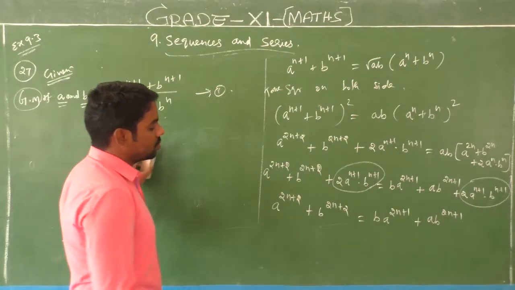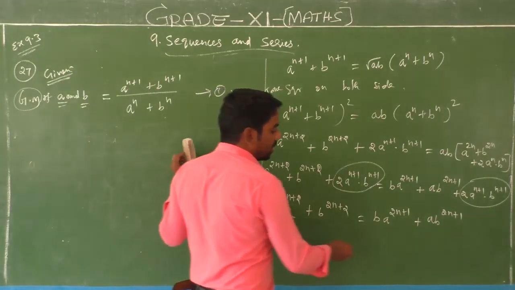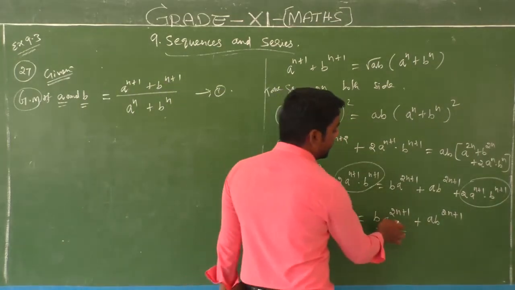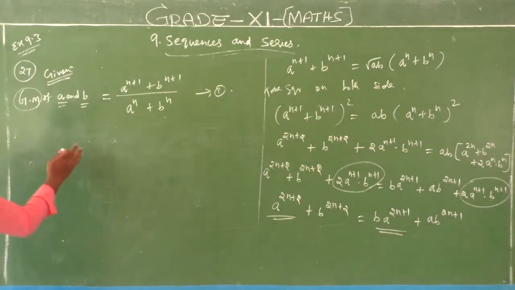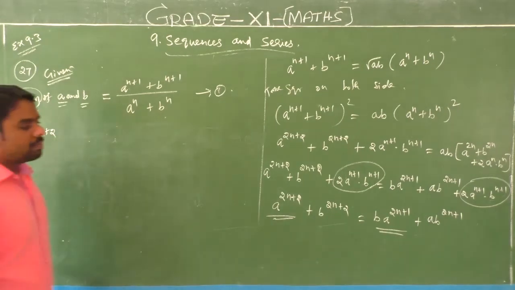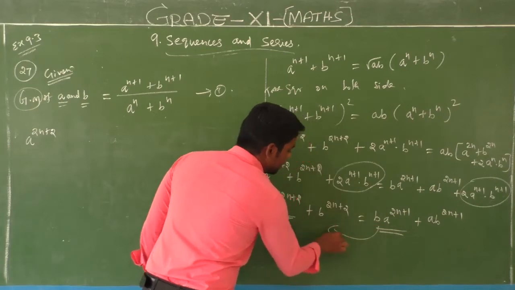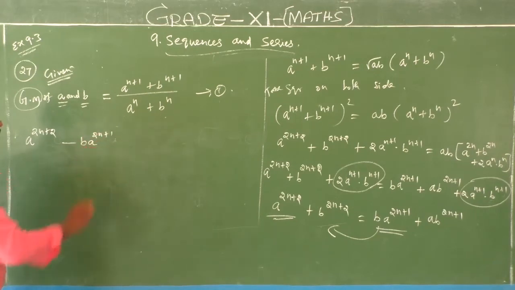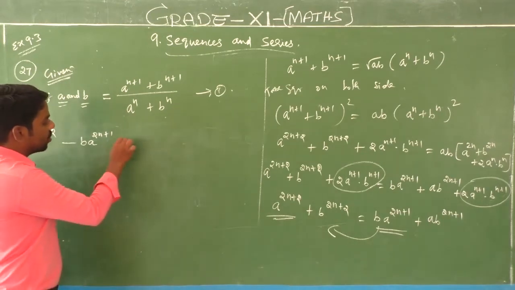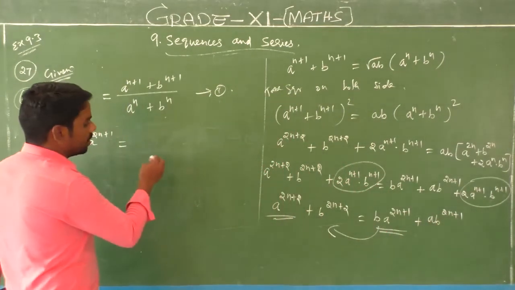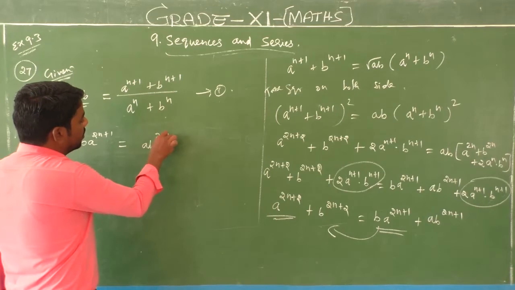Converting to the left hand side, a^(2n+2) minus b a^(2n+1) is equal to a b^(2n+1).